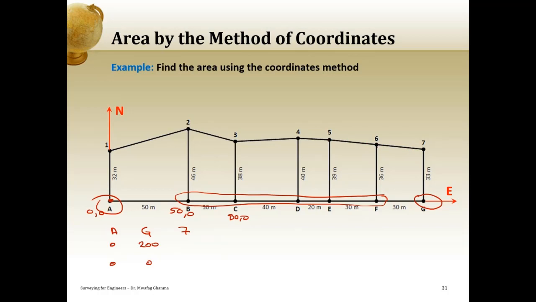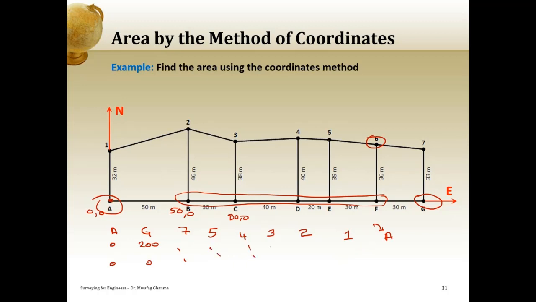Are they on the same line? If yes, I will skip point 6. From point 7, I will go to point 5. And then I go to point 4 and point 3, because these are points which are not on a straight line. Then back to 2, then back to 1, and then I have to return back to A. Don't forget to go back to the starting point.